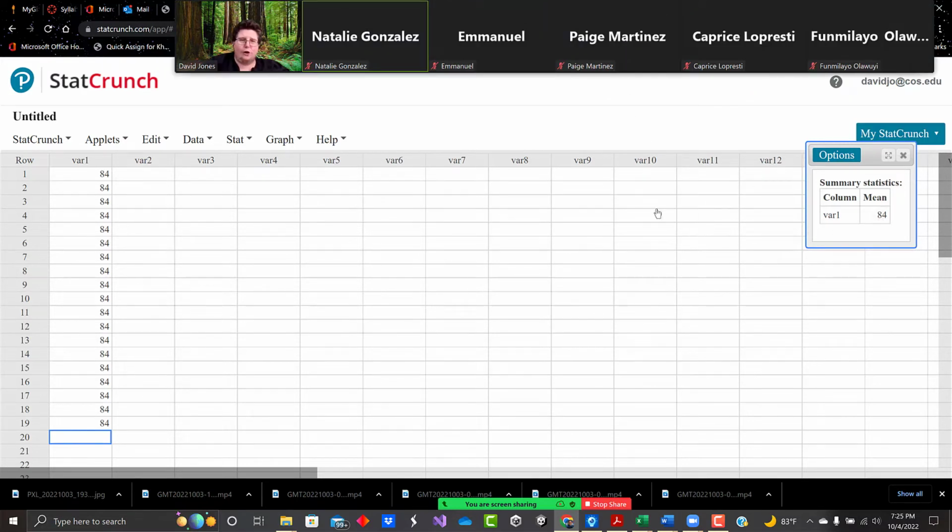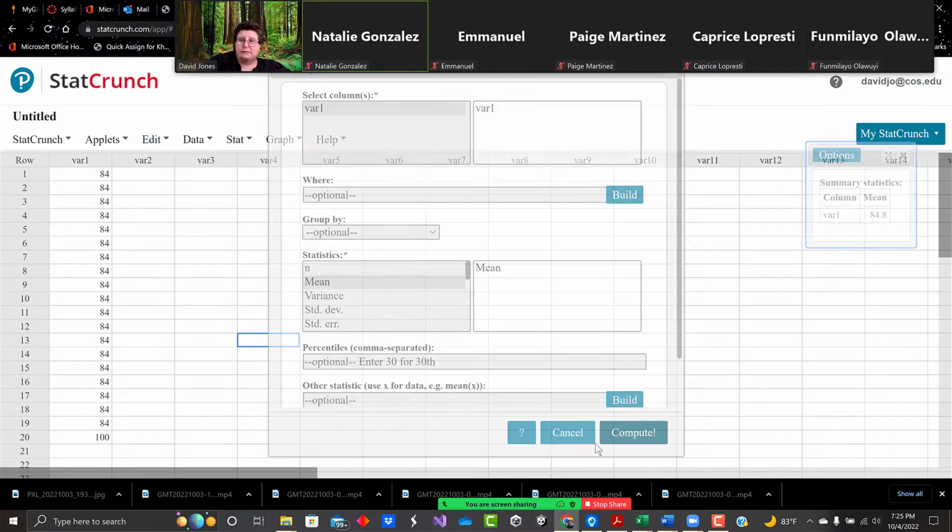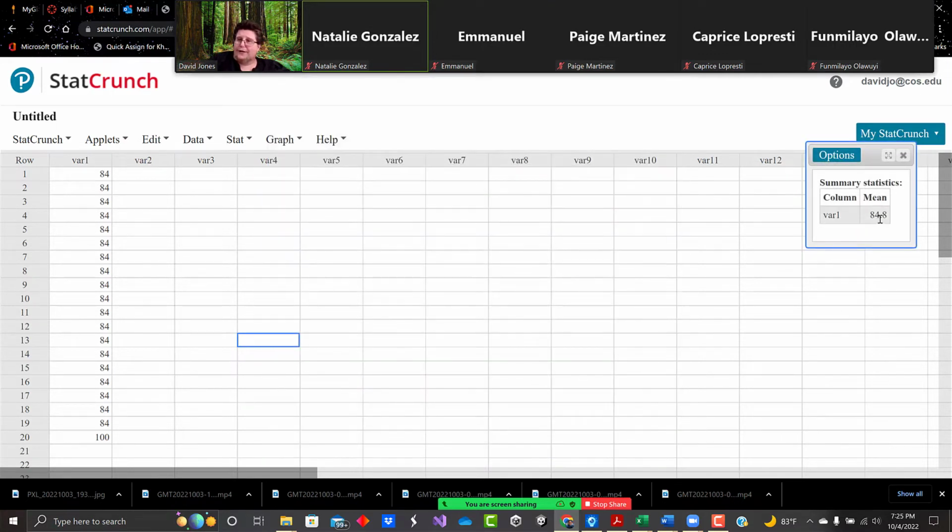So the mean's 84, and then I don't know what the other student got. I could just start plugging some numbers in. Let's guess the student got 100, and I can recalculate. Nope, that's not what I wanted. The mean's too high. I need to go a lot lower. Let me try going down to 70.